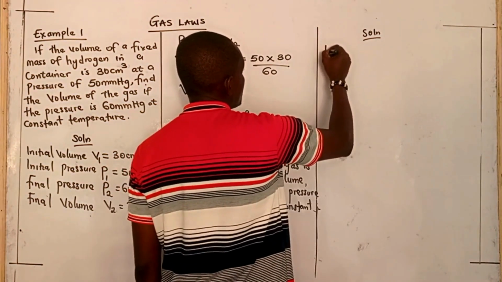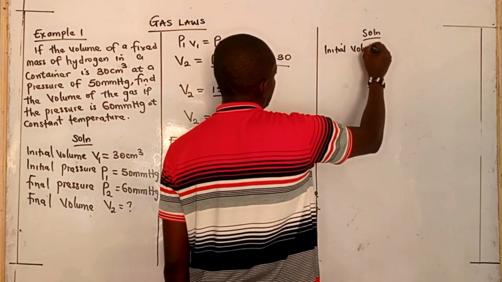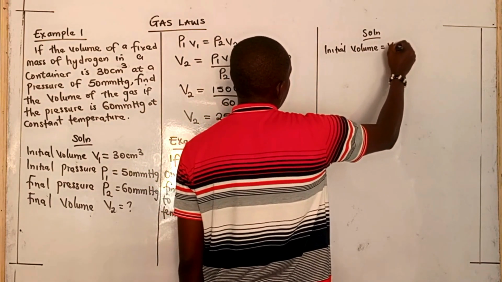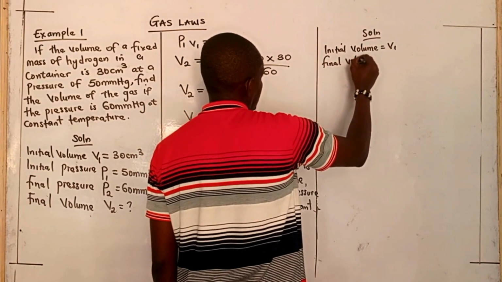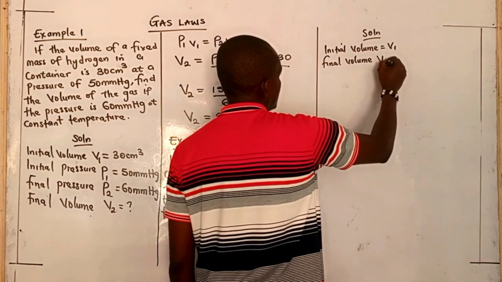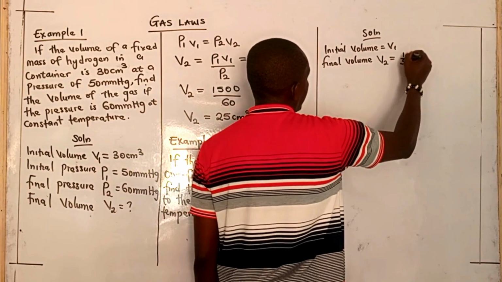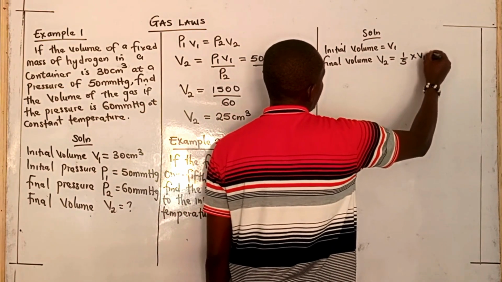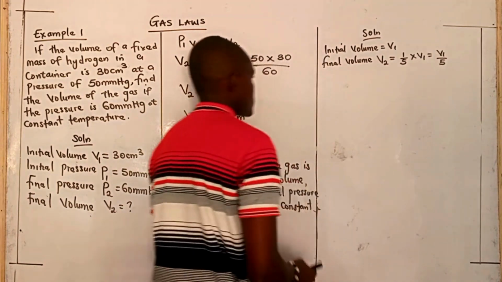So our initial volume is V1. Then we're told that the final volume is 1/5 of the initial volume. That is V2 equals 1/5 times V1, which gives us V1/5.